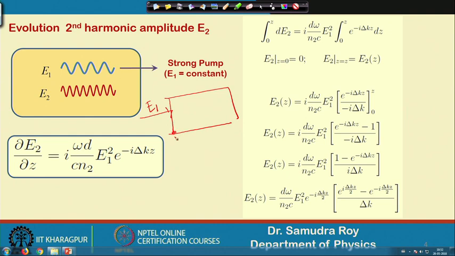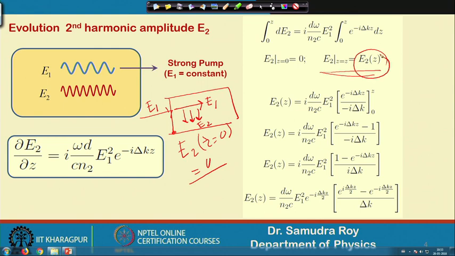Once the fundamental field is moving, it will feed the system, so that E2 will be generated gradually. So, the boundary condition is E2 at z equal to 0 is 0. On the other hand, E2 at z is Ez, and we try to find out what value of E2 one can have at some point z.